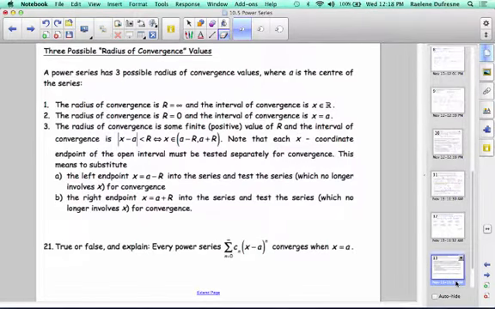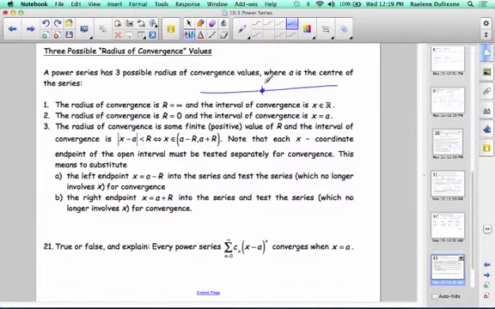There are three possible radius of convergence values then for power series. We're going to be using A as the center of the series, or the horizontal translation of the series, just like we saw A was the center of the absolute value equations and inequalities that we solved in the warm-up. The first possibility is that the radius of convergence is infinity, which actually means the interval of convergence is the entire real line.